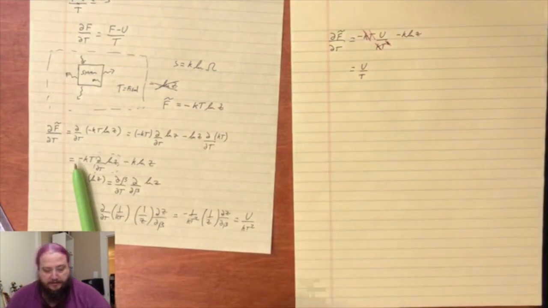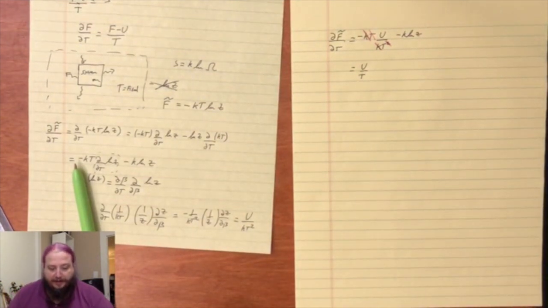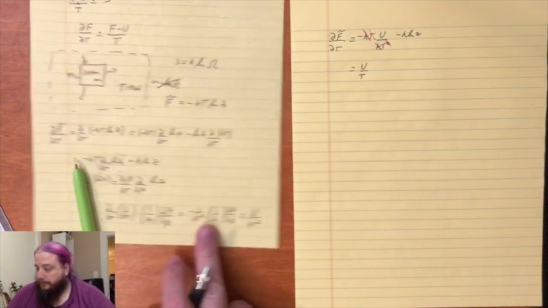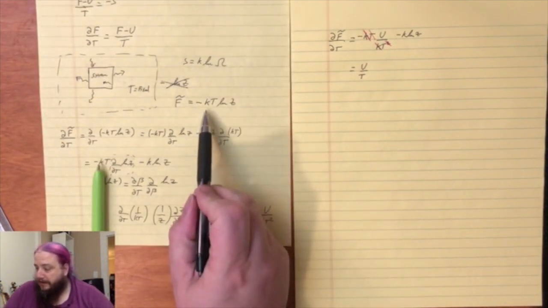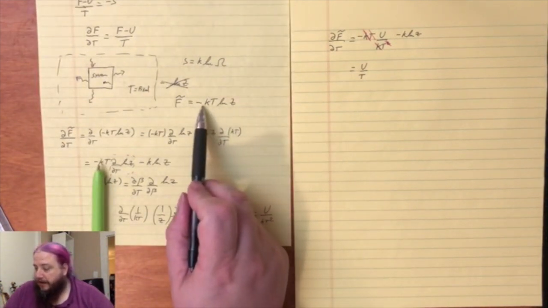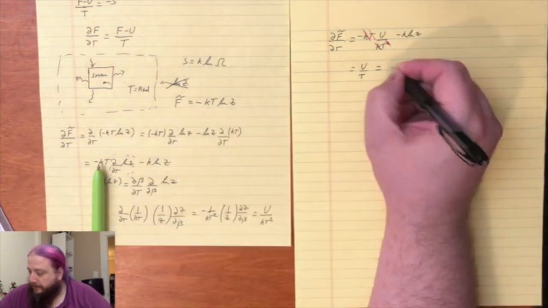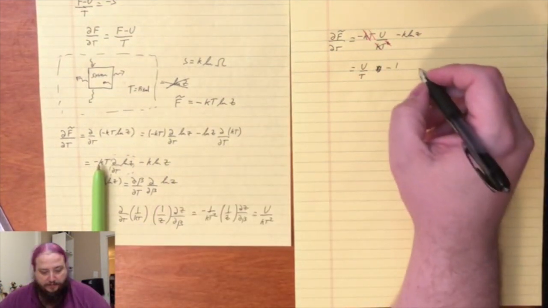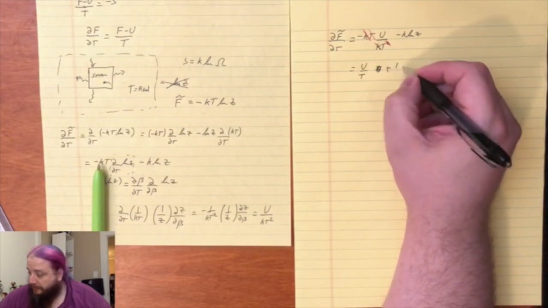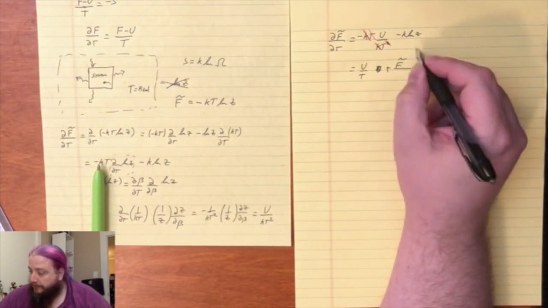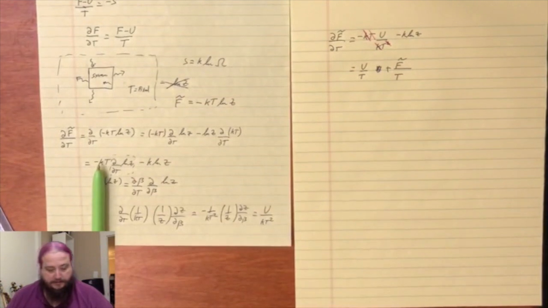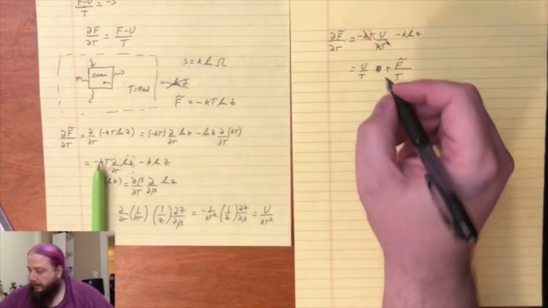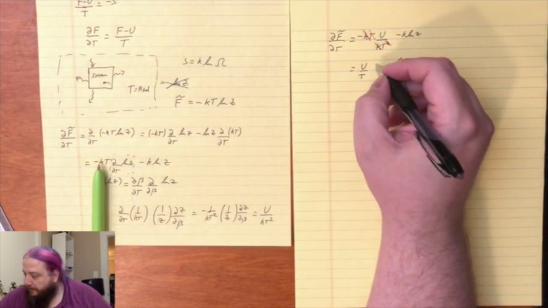And on the right, minus k log z, well, that's f tilde over temperature. And oh, we forgot our minus sign there.